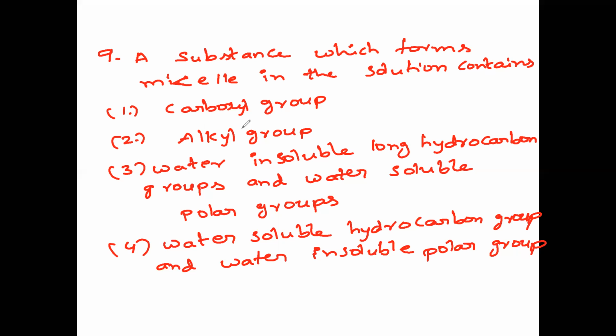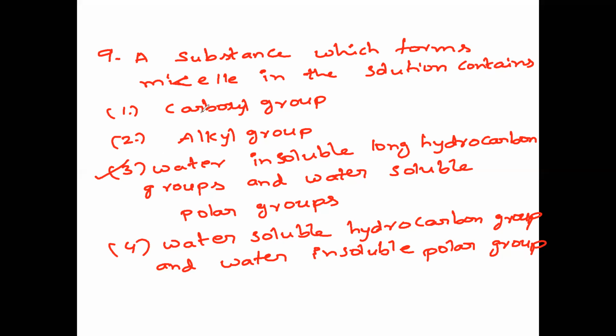So first one carboxyl group, second one alkyl group, third one water insoluble long hydrocarbon groups and water soluble polar groups, and fourth one water soluble hydrocarbon group and water insoluble polar groups. Already we know hydrocarbons are insoluble in water, and this water insoluble long hydrocarbon group only attaches to that part and forms micelle.